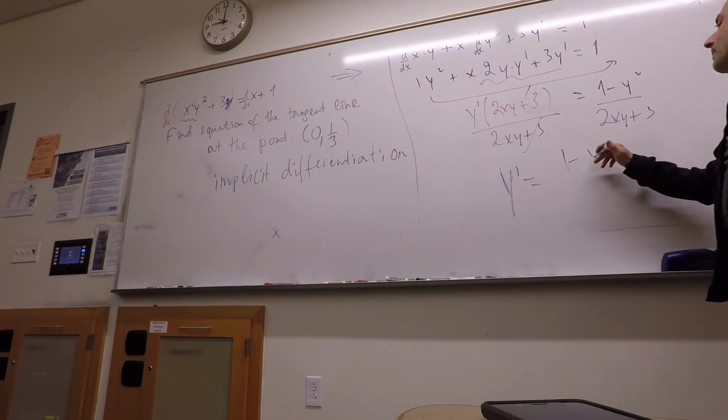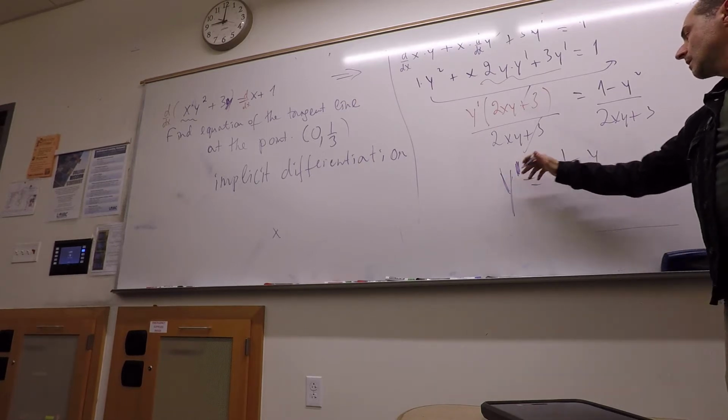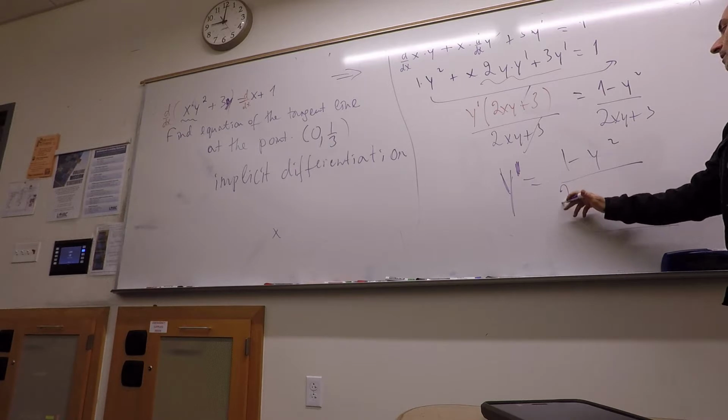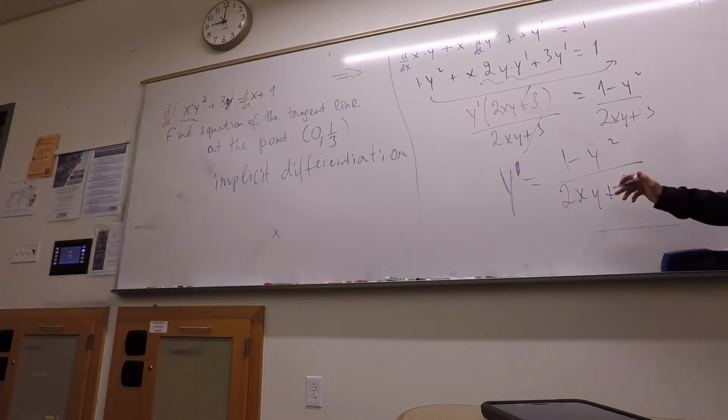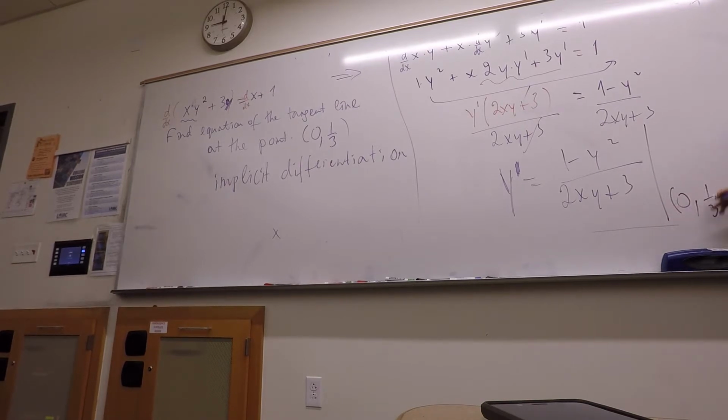We did implicit differentiation. And finally, how do I get the slope? I plug in the numbers, 0 and 1/3, for x and y.